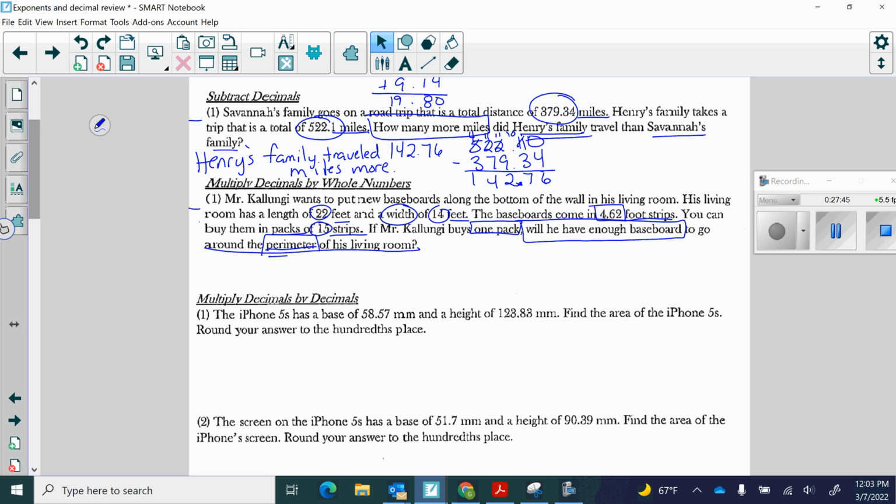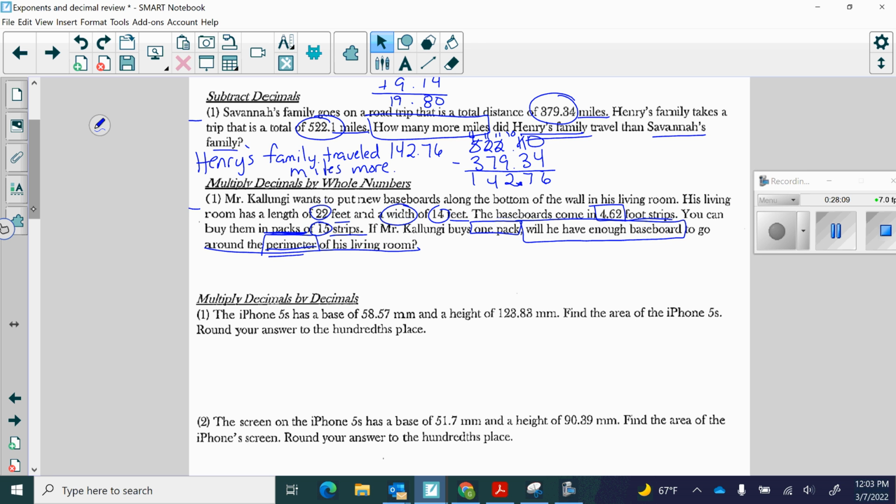That's a key word, guys. Perimeter. So let's pretend this is a living room. How many walls do we have? 4. And the perimeter is going around the outside of it, right? So we need to know how many feet are around the outside of his living room. So if one wall is 22 feet, what does that mean?